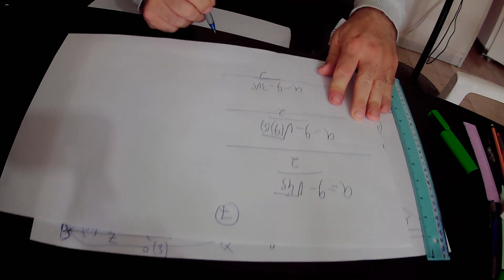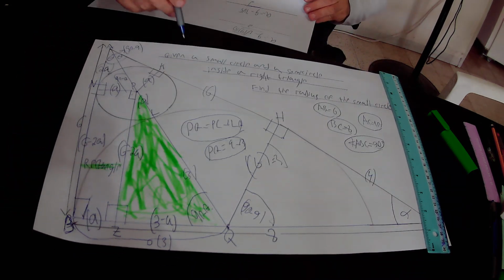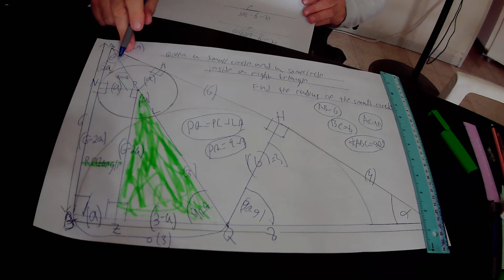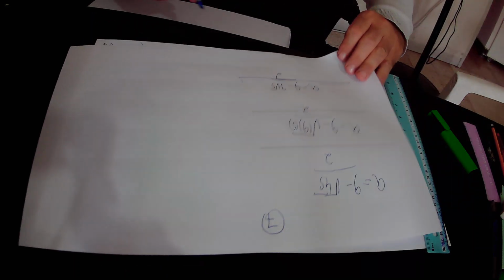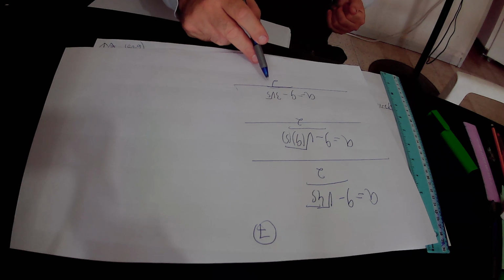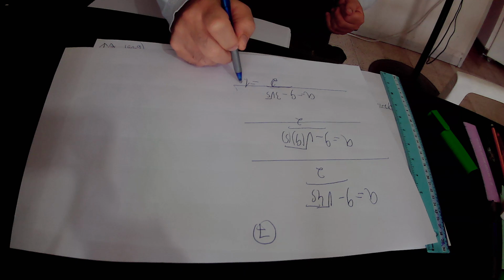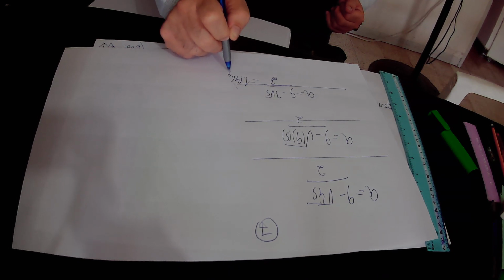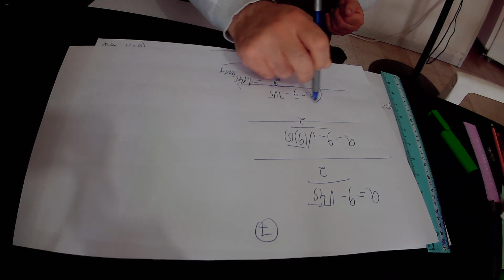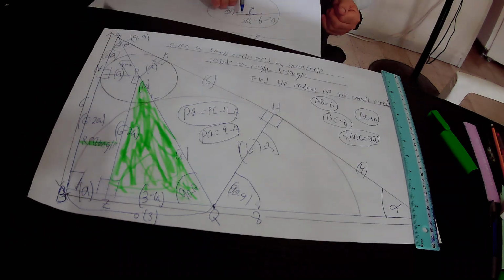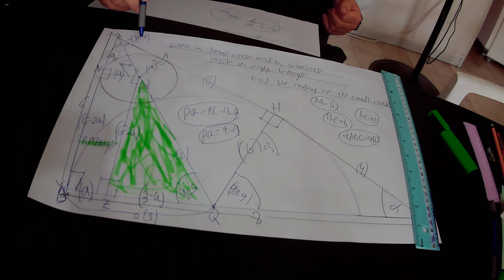In conclusion, we found out that the radius a of this small circle equals 9 minus 3 times square root of 5 over 2 units in its length, or in terms of numbers, 1.146 units in its length.